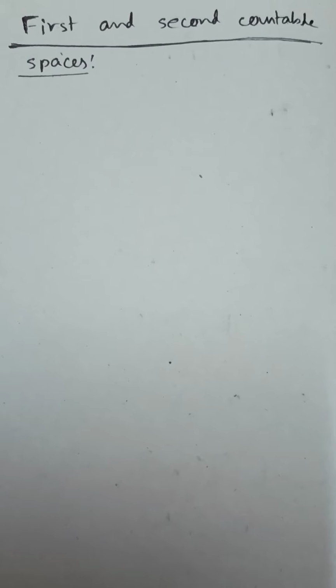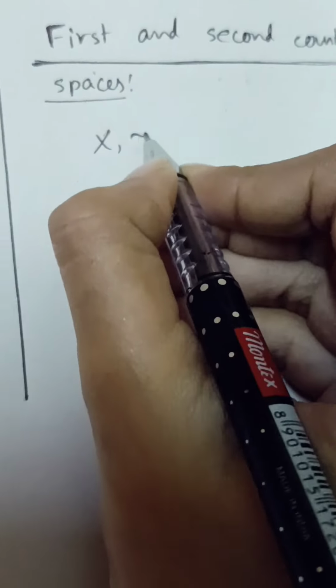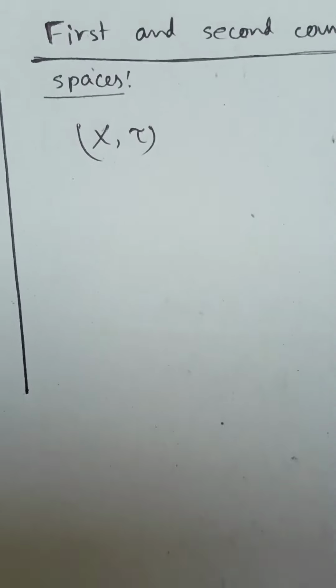Next topic is first and second countable spaces. Let (X, tau) be a topological space.